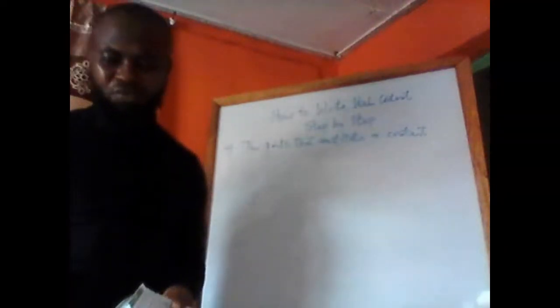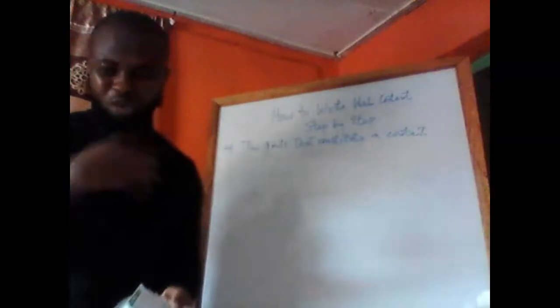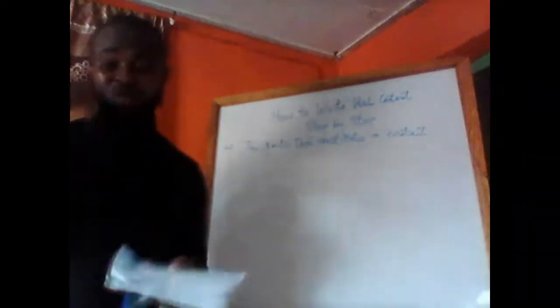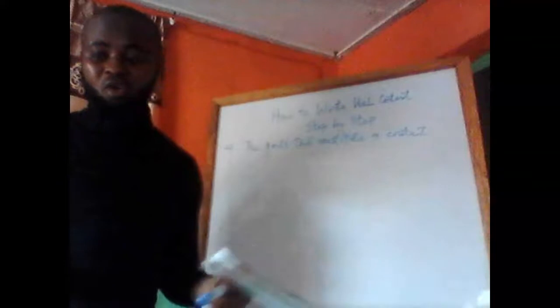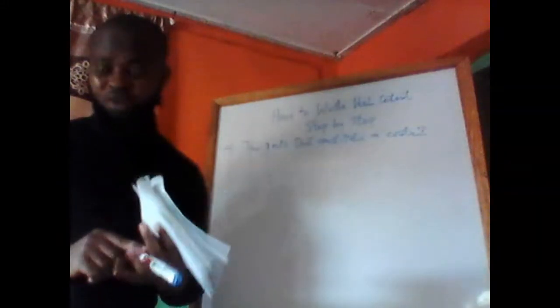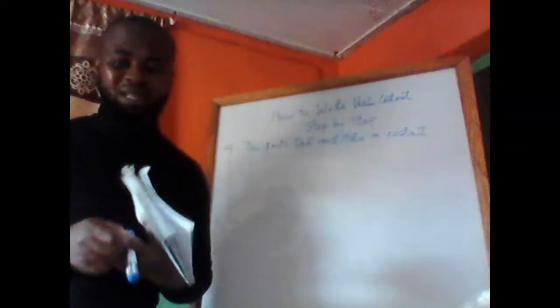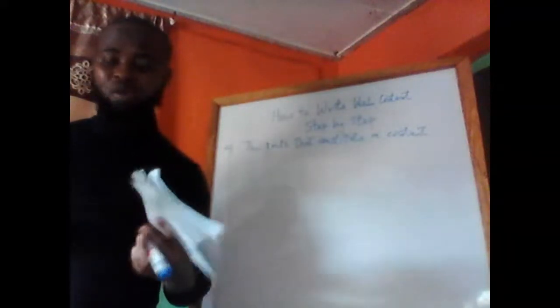Now I want you to know that the analogy of a content, what are we talking about? I believe so far the summary, so quickly, of what we've explained before is that there are like 3 or 4 types of content. We have written content, we have video content, which is visual content, we have audio content like podcasts, and a lot of other content.